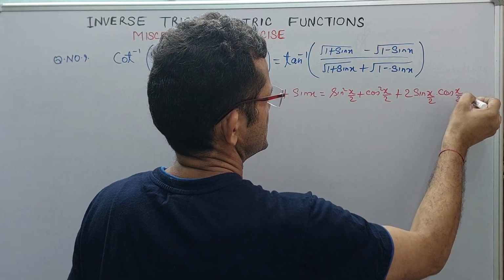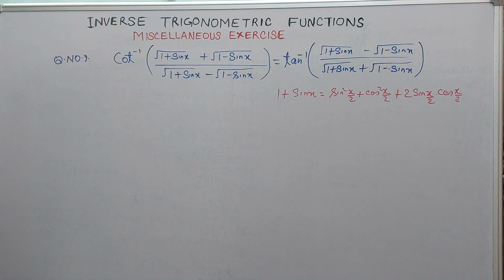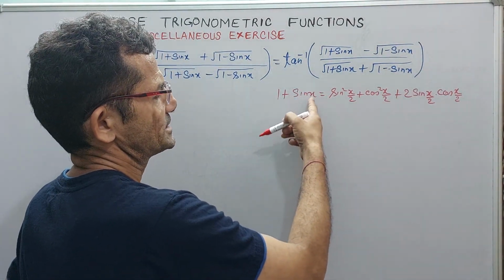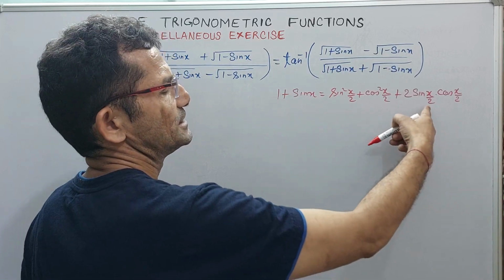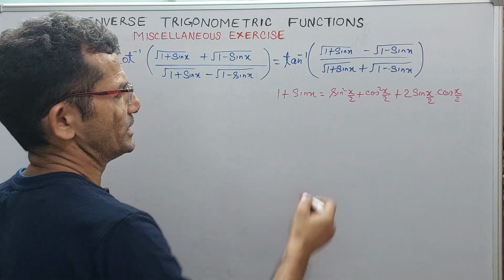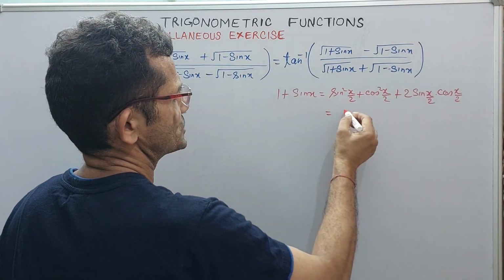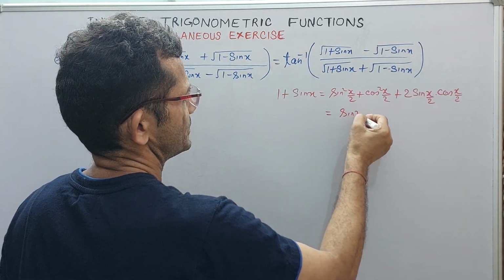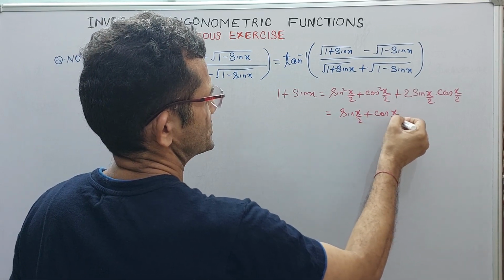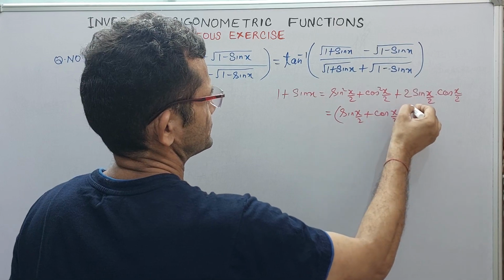We have just utilized the formula, and 1 is replaced by this one. If the angle is x, the sub angles will be x upon 2. Now this becomes a whole square: sin x by 2 plus cos x by 2 whole square.